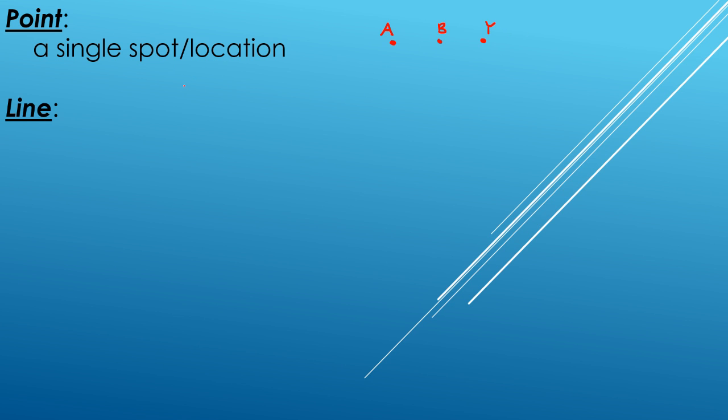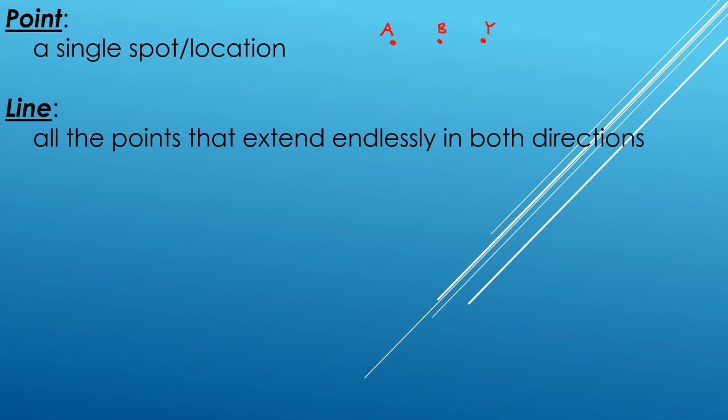A line, hopefully you remember from yesterday, is the space between and extending through 2 points. So all the points that extend endlessly in both directions through a set of 2 points. So we have to have at least 2, like point A and point B here, to create a line.